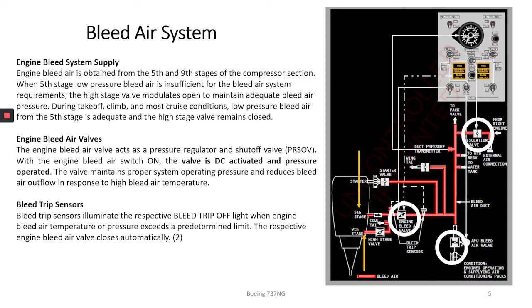Engine bleed air valves. The engine bleed air valve acts as a pressure regulator and shut-off valve. Here we can see the engine bleed air valve. These PRSOVs are butterfly type valves, and they control the flow of bleed air to the system. This valve is DC activated and is pressure operated.